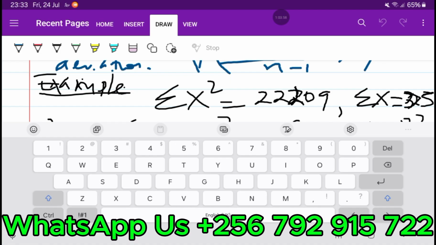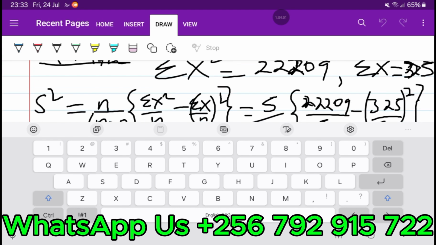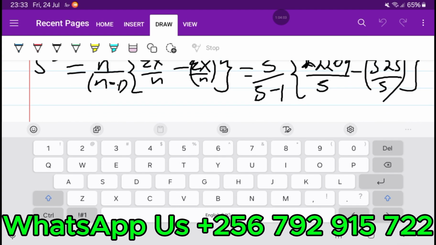Now I want us to look at, if they had given us grouped data, but they want us to find the variance of a sample with the grouped data. Of course, it will be the same formula. Where you are seeing n, we shall put summation f. And where you are seeing summation x squared, we shall put summation f x squared.